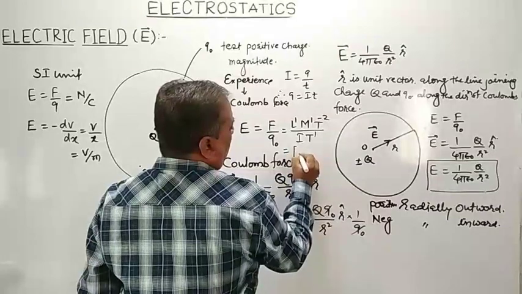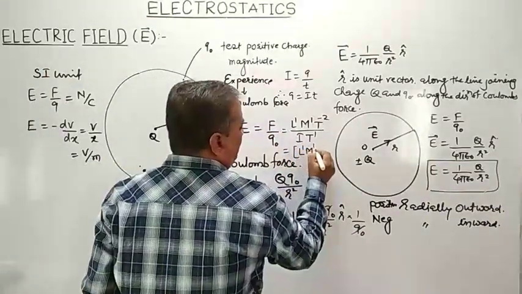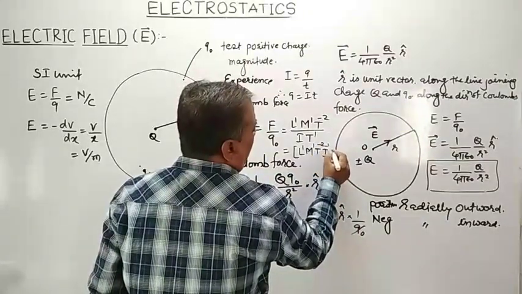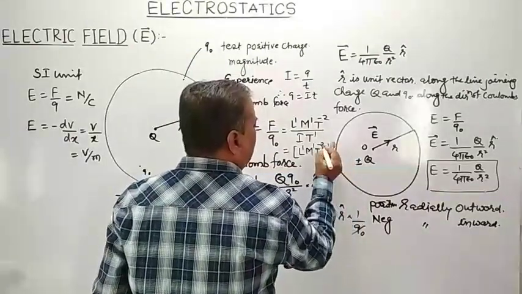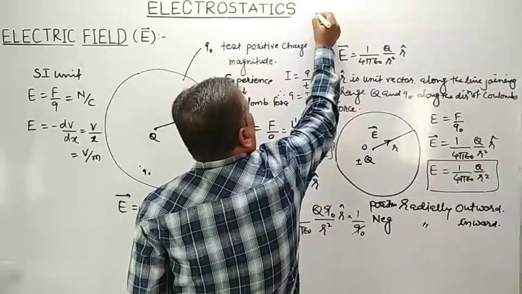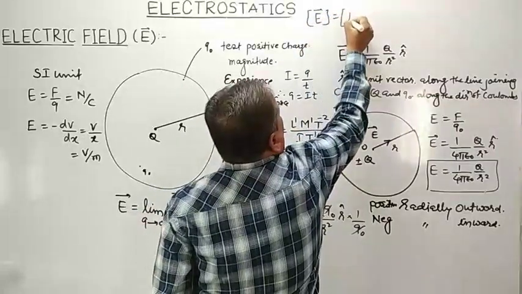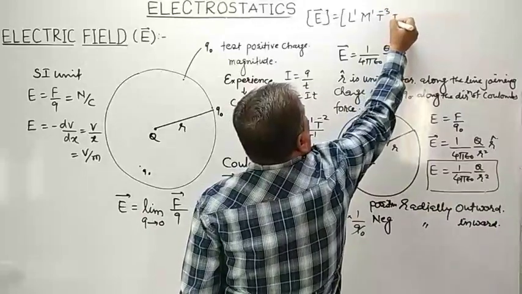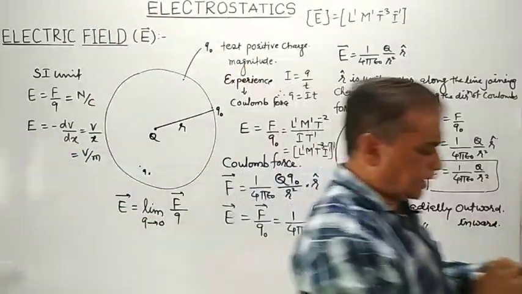So, the dimensions of electric field are 1 in length, 1 in mass, minus 2 in time, minus 1 in I, and minus 1 in time. Again, means it is minus 3 in time. So, what are the dimensions of electric field then? 1 in length, 1 in mass, minus 3 in time, and minus 1 in I. These are the dimensions of electric field.